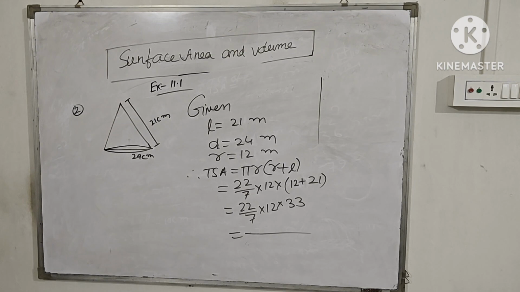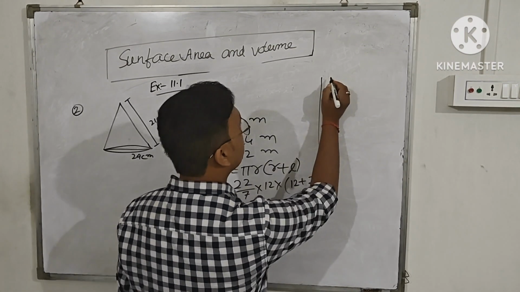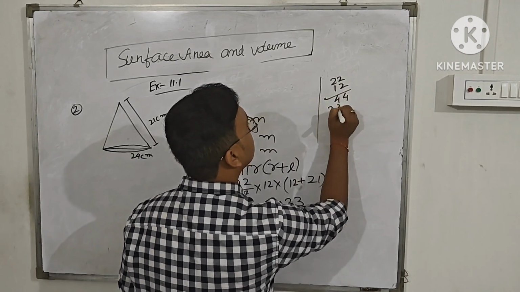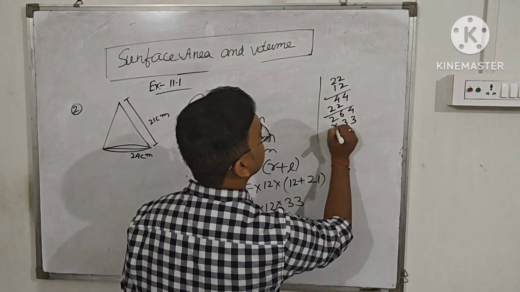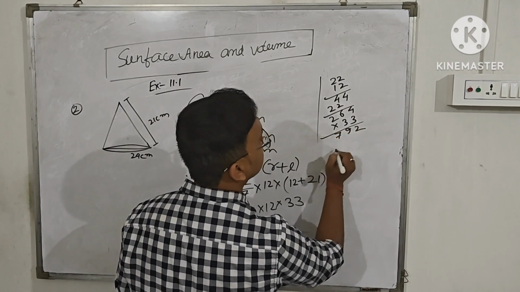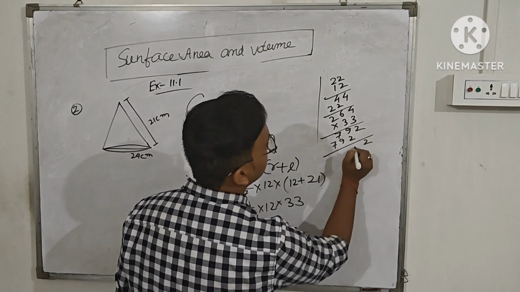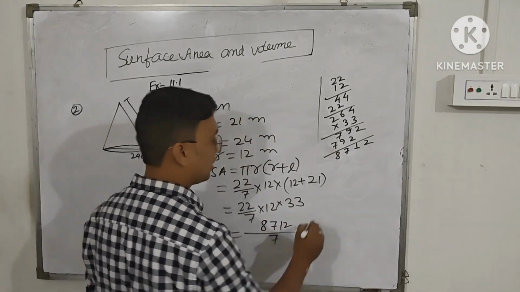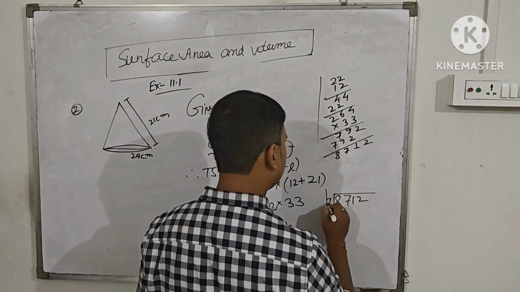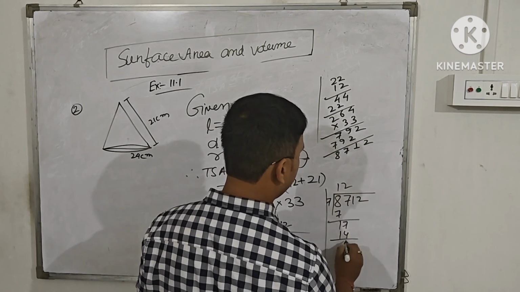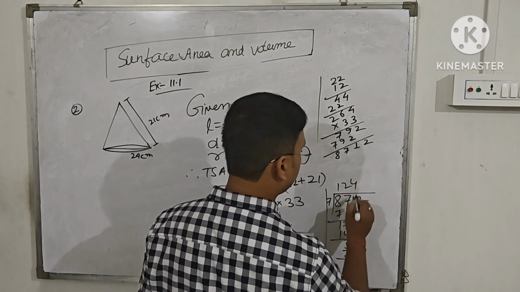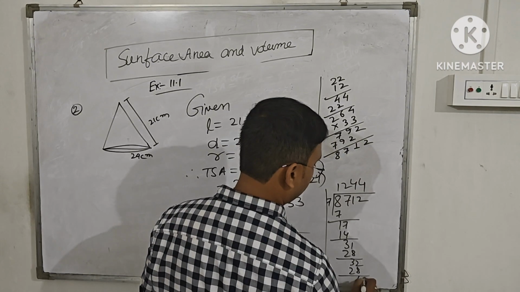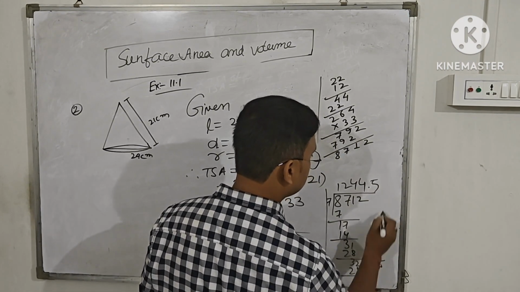Let me check. It is given in decimal. So multiply this. 22 into 12 is 264, then 33. 264 into 33 is 8712, divided by 7. 7 2 is 14, 7 4 is 28, 7 5 is 35, 7 7 is 49.